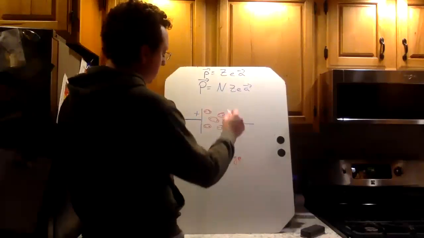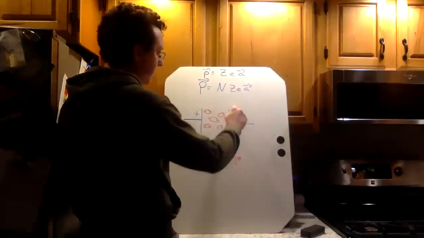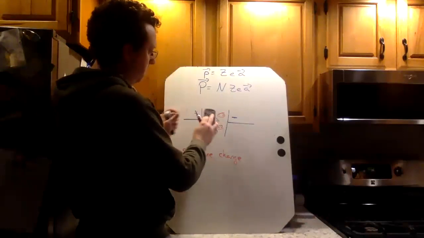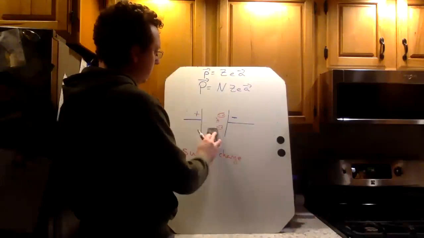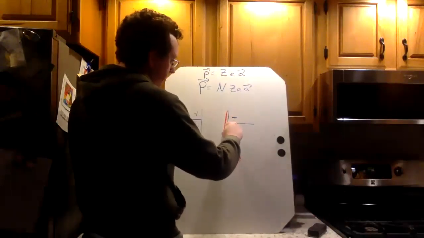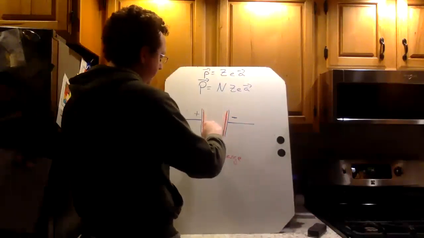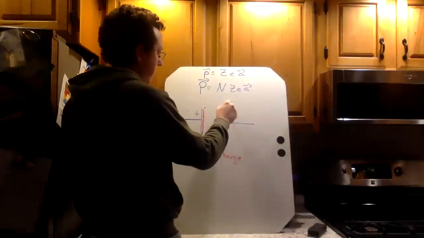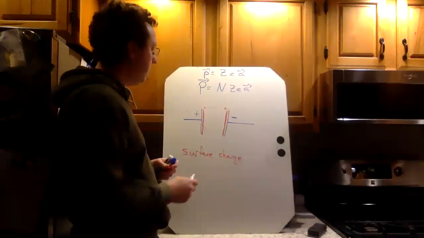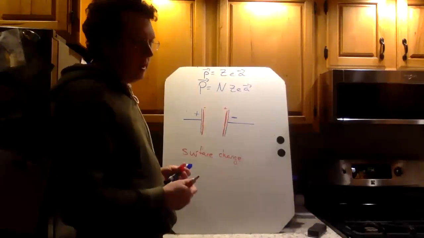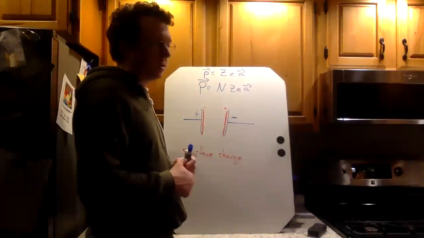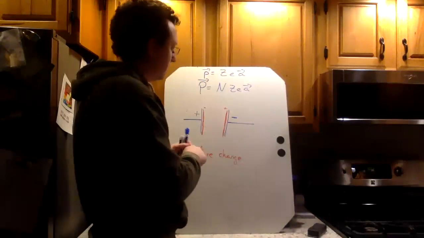So what we're really doing is asking: these atoms polarize in the middle, they cancel out, and we're left with a thin layer on the edges. A thin layer of negatives over here and a thin layer of positives over here. And we want to know what is the induced surface charge that builds up because of polarization.